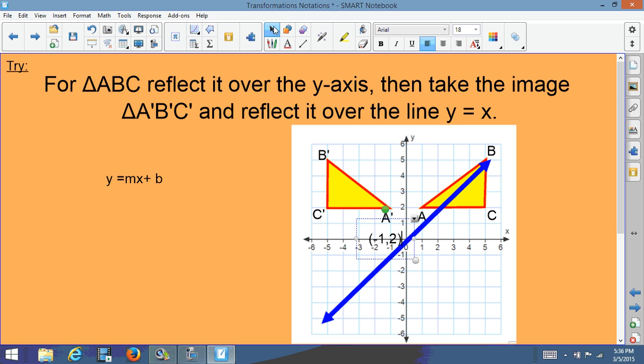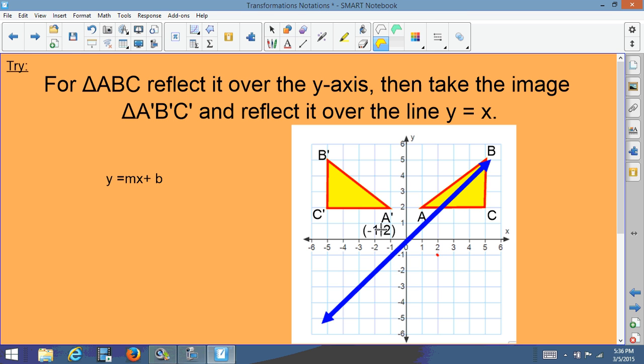So now, remember the rule, since we're going on the opposite side of the line, all we have to do is reverse the numbers, and we would put a dot, get my construction tool, at 2, -1. All we have to do is reverse it. So 2, -1, and that would be point A prime.